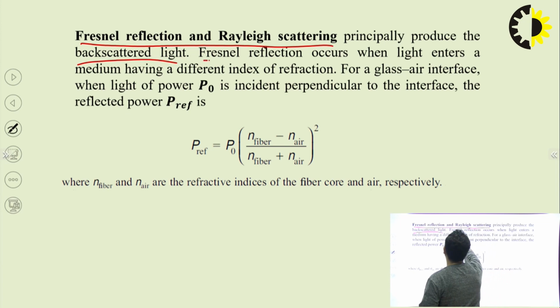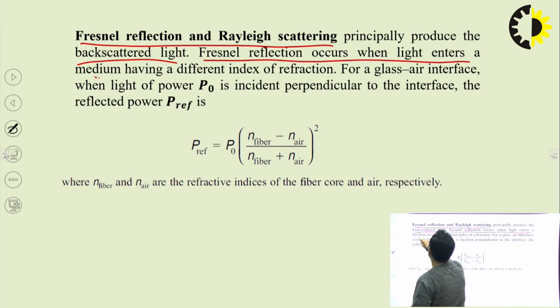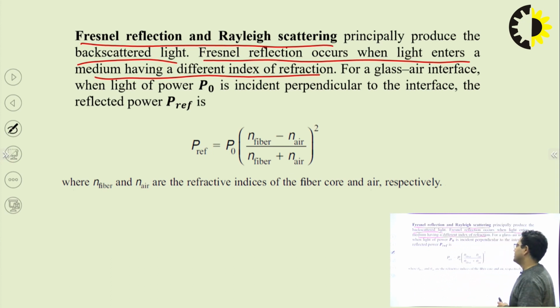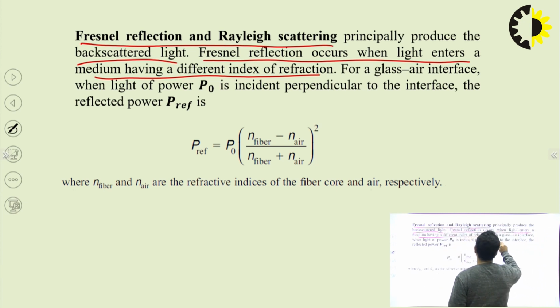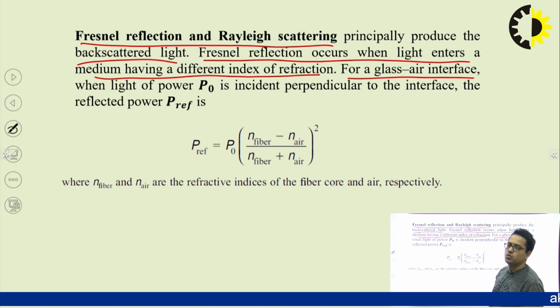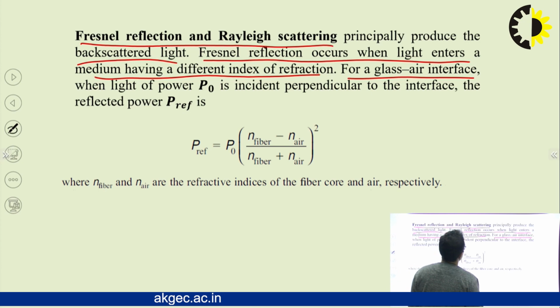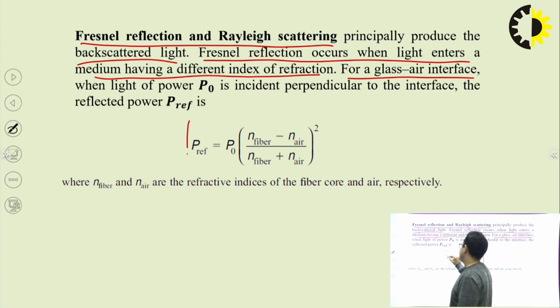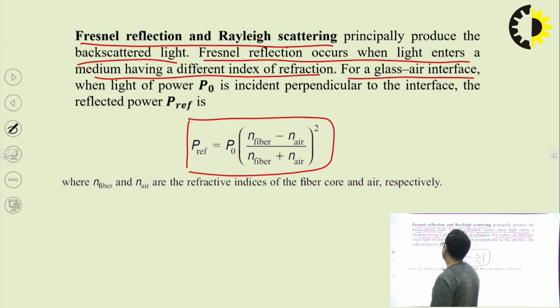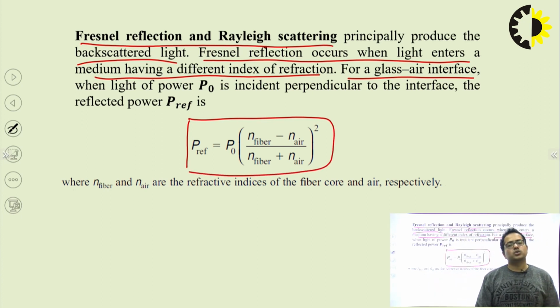Fresnel reflection occurs when light enters a medium having a different index of refraction. Suppose we have two different refractive indices, for a glass and air interface. When light of power P0 is incident perpendicular to the interface, the reflected power can be easily calculated by the formula P reflected equals P0 times the square of the ratio of the refractive index difference to the refractive index sum of these two media.